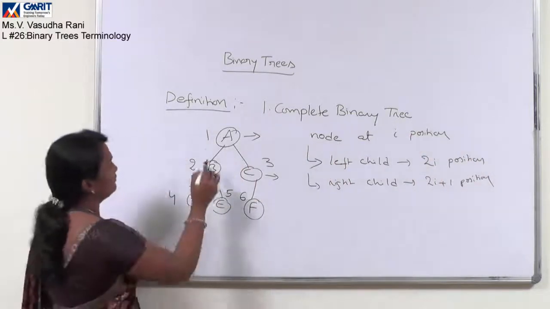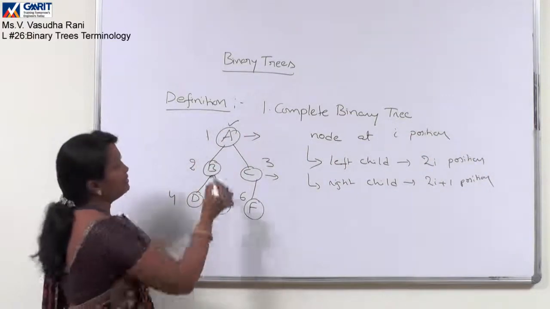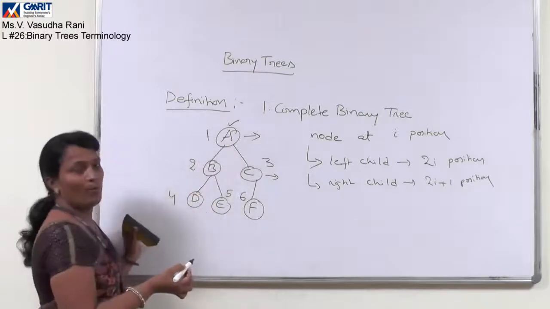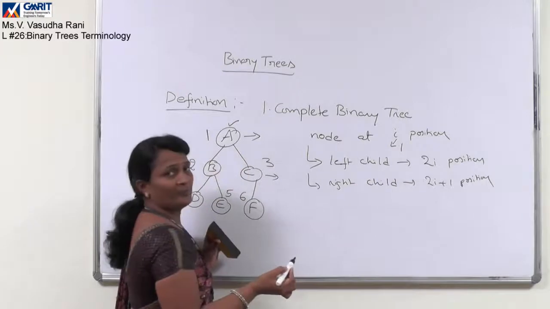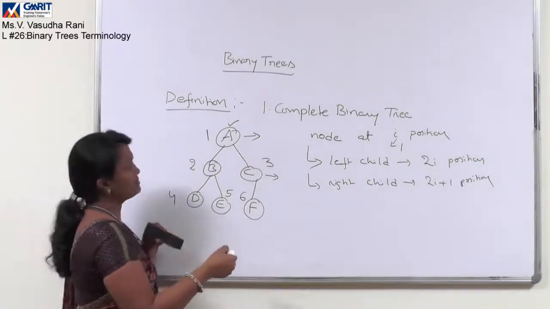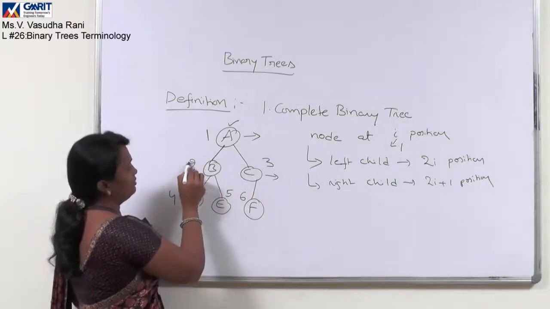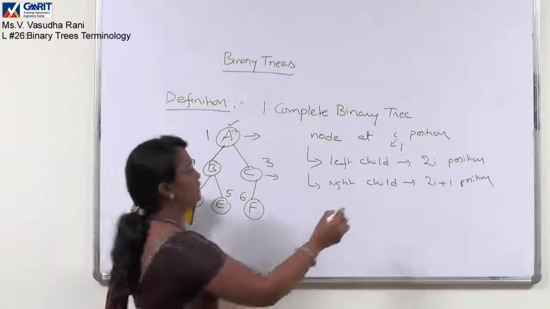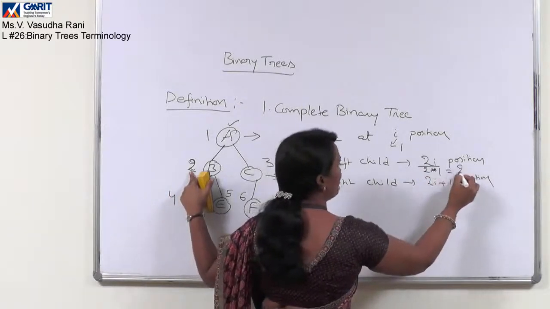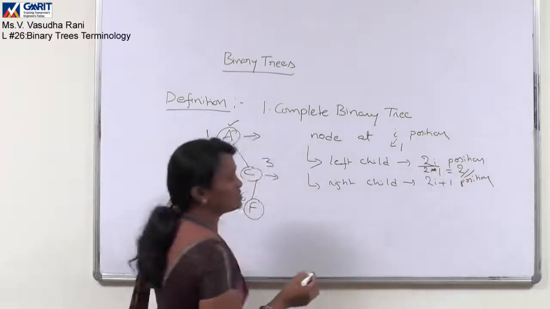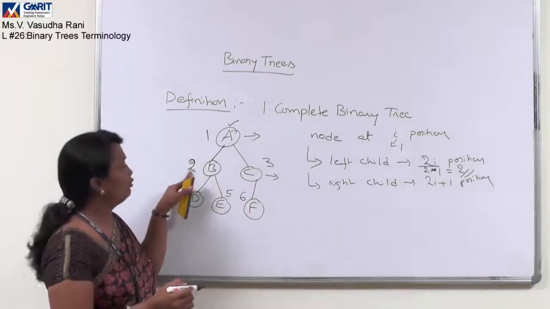For example, if you consider this A node, it is at position 1. So here i is 1, and its left child is at position 2. As per this formula 2i, 2 into 1 gives us 2. So its left child should be at number 2.